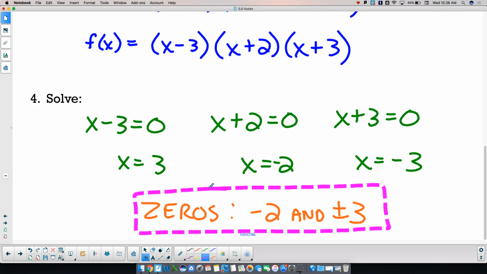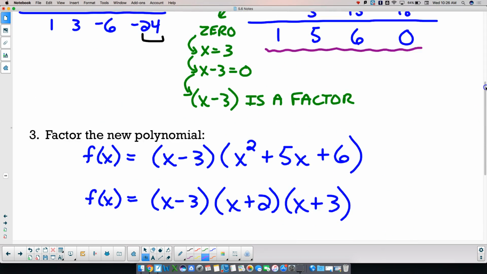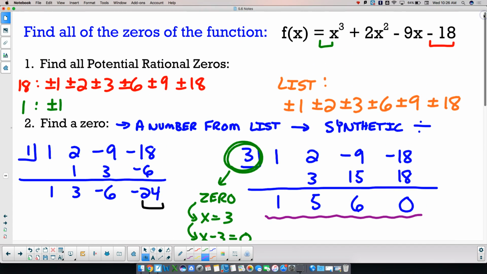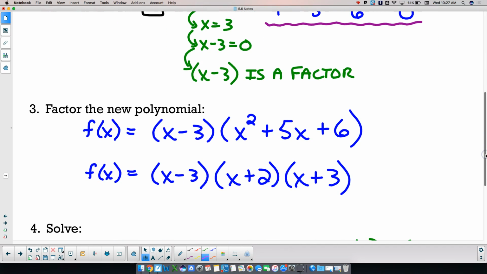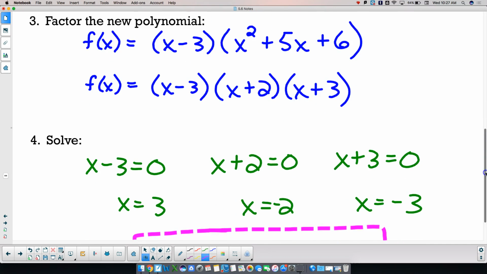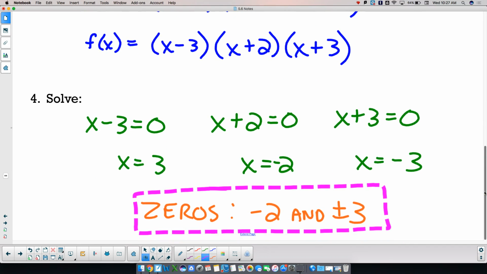Again, depending upon the directions, it's going to tell you to stop either at step number 1 with just the list, if it says list all the possible zeros, or it's going to tell you to stop at step number 3, factor the polynomial, or it's going to tell you to stop at step number 4, find all the zeros.